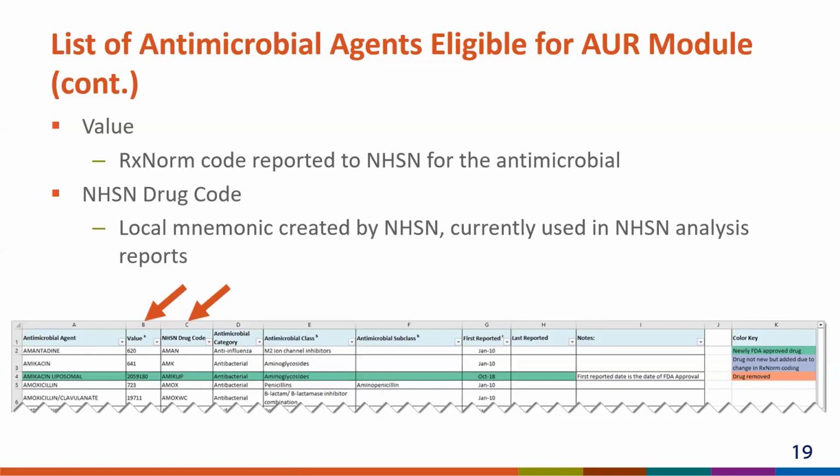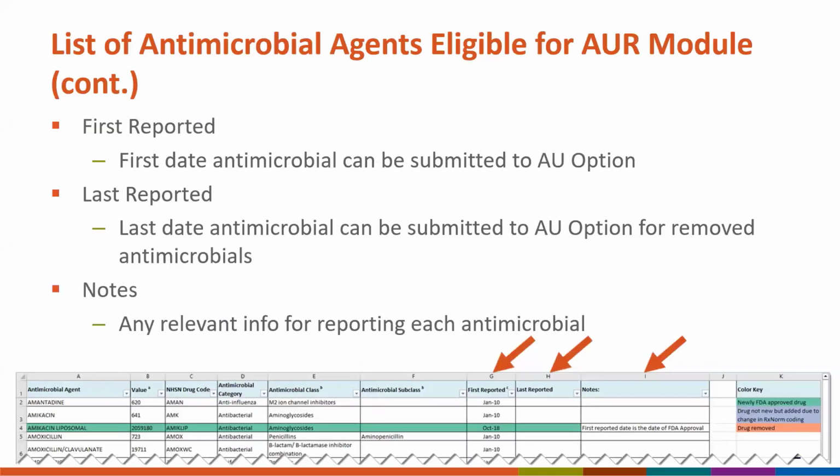The NHSN drug code column is a local mnemonic created by NHSN, which is currently used in NHSN analysis reports. The first reported column is the first date that the antimicrobial can be submitted to the AU option. So when it was added, which would either be at the beginning of when the AU option was created or later on, depending on the drug. The last reported column is the last date the antimicrobial can be submitted to the AU option for antimicrobials that have been removed. And then the notes column has any relevant information for reporting each antimicrobial.